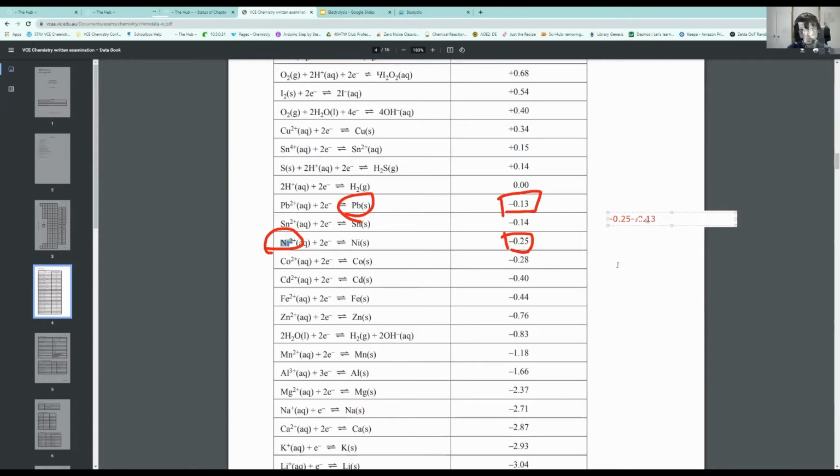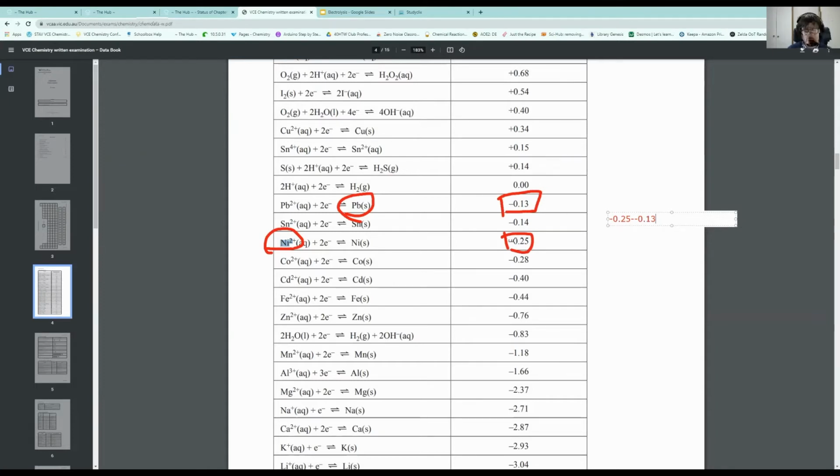So if you want one overall rule for electrolytic and galvanic cells, it's always whichever one is on the left, i.e. the reduction reaction, and you're going to subtract whichever one is on the right, so the oxidation reaction. If this was sulfur being reduced, for example, we do 0.14 minus negative 0.13. In this case, we're going to do nickel negative 0.25 minus negative 0.13.